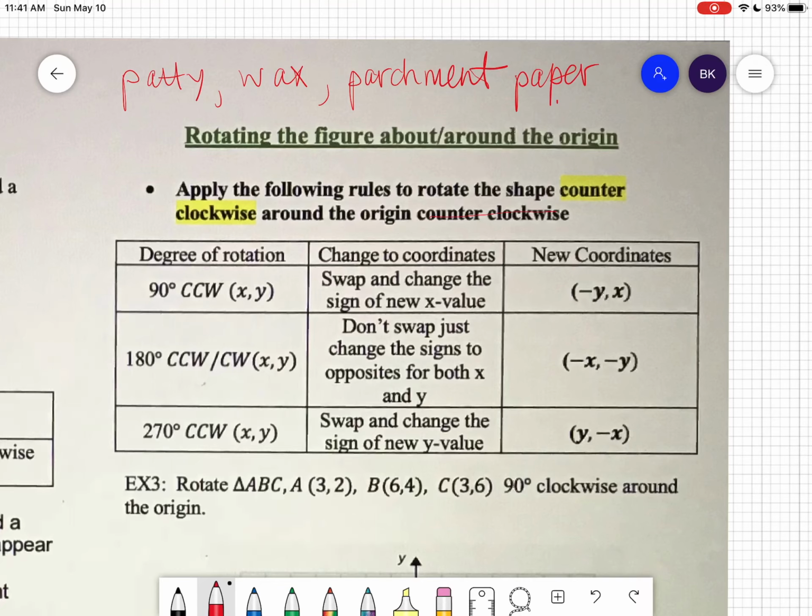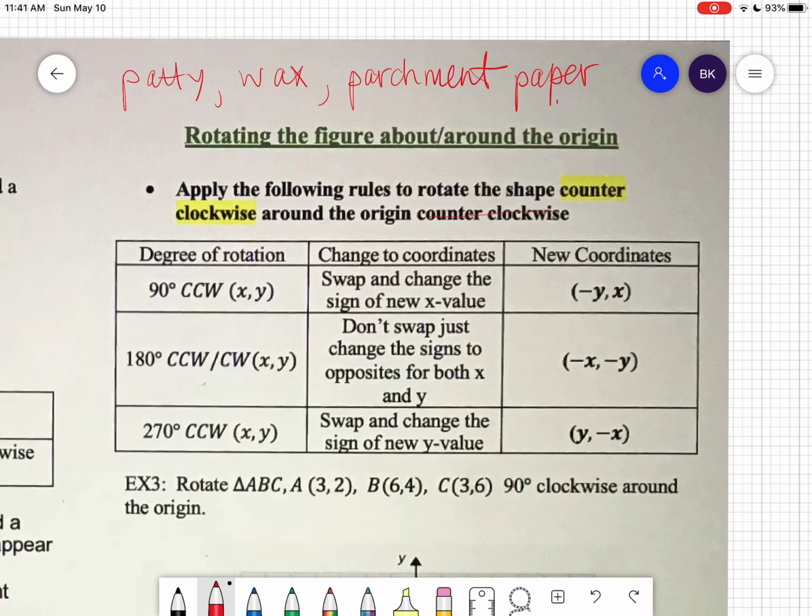Please watch a video on how to do that. It's a good video, and it will help you if you're confused about the rules. You can also use parchment paper to check your work when you rotate a shape.